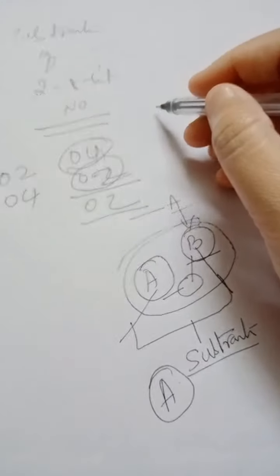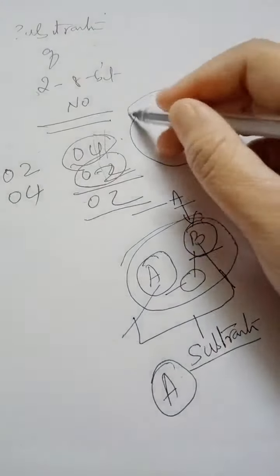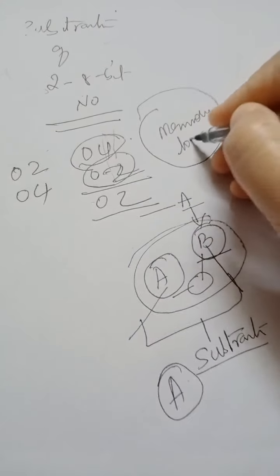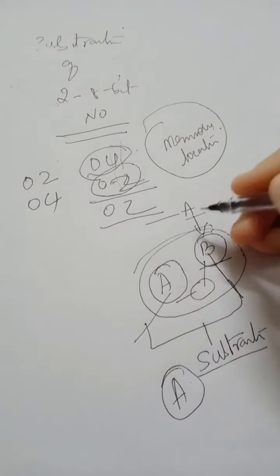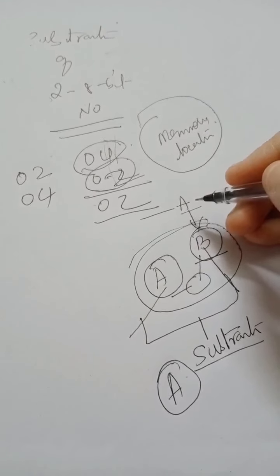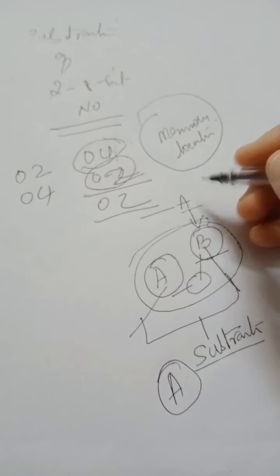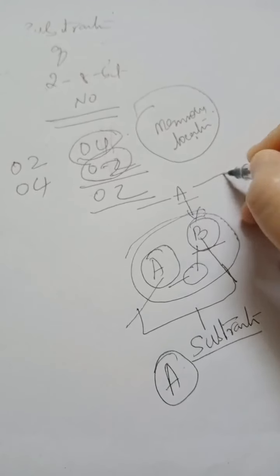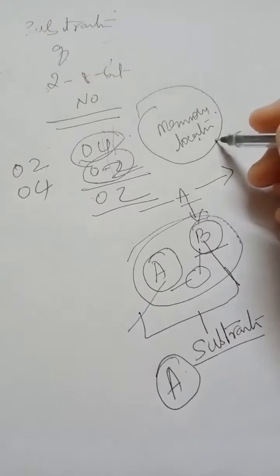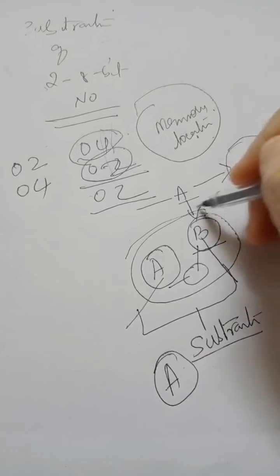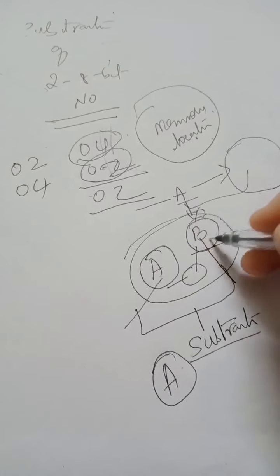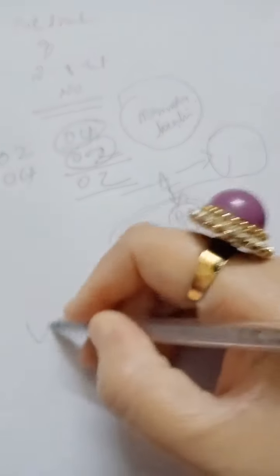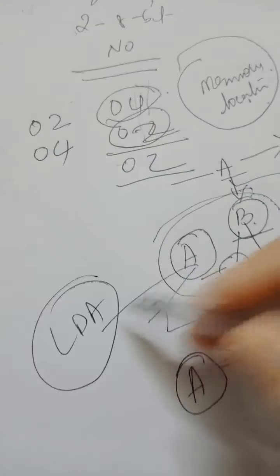So what are we doing? Totally we are writing the program by using memory locations. When you are writing the program by memory location, you can take the data from the memory location to the accumulator, then from the accumulator to the B register. Then again you can load the second data in the accumulator by using the LDA instruction.